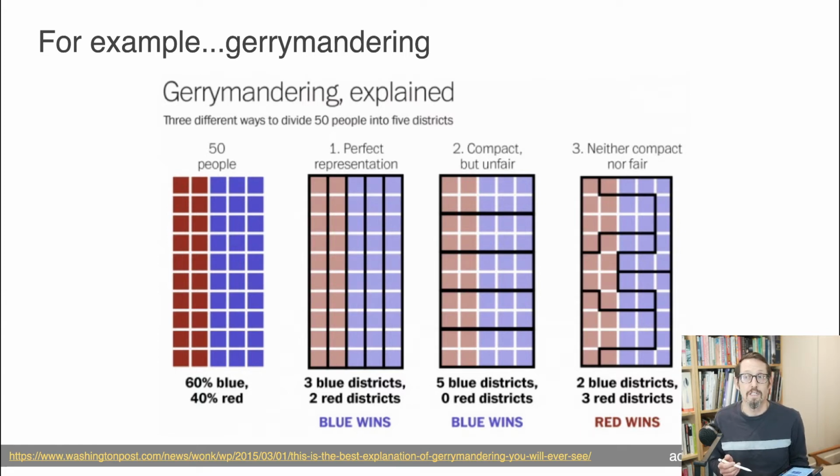That's an even match. However, we could draw them differently. We could draw the same 5 districts with lines across like that to ensure that blue always wins in every single district. This is a compact representation in the sense that people that are near each other are grouped together. But it's not fair because the 40% of red people are not represented in their politicians and leadership.